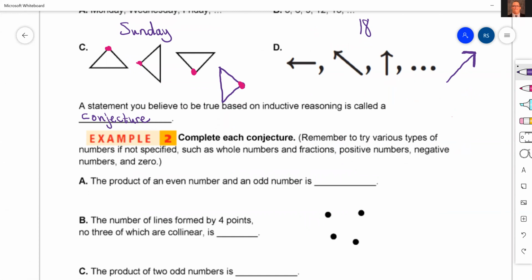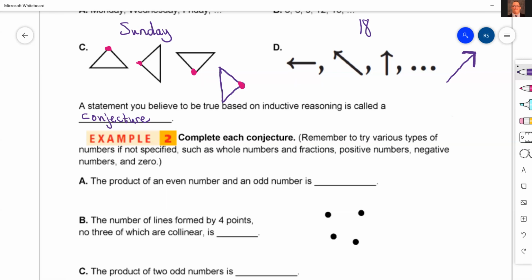Remember, if the various types of numbers aren't specified, we need to try all kinds. In this case, they talk about even and odd, but what they don't mention is positive or negative. So let's just go through and pick some numbers, both positive and negative, to see if this holds.